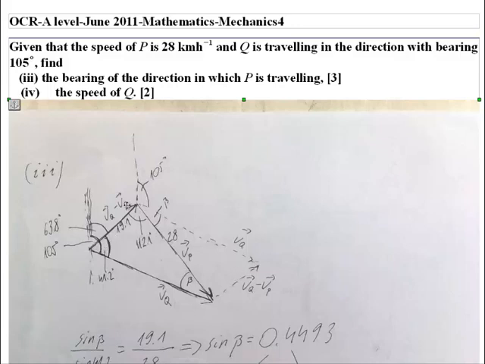So we know that the speed of this difference is 19.1. We've calculated this earlier, and its bearing is 63.8 degrees.